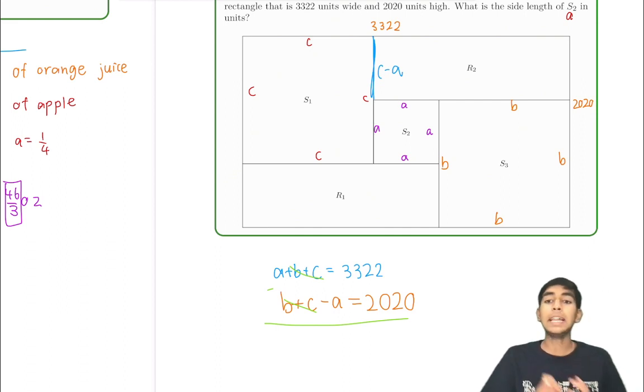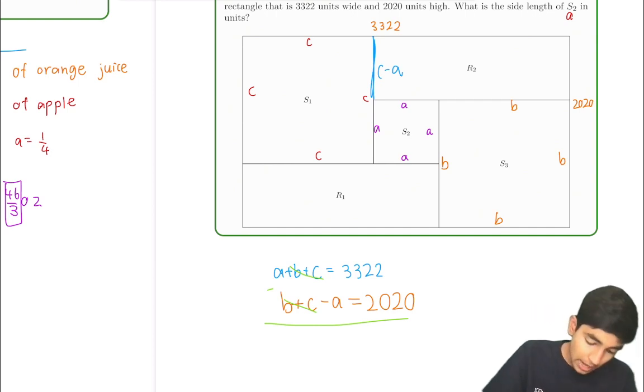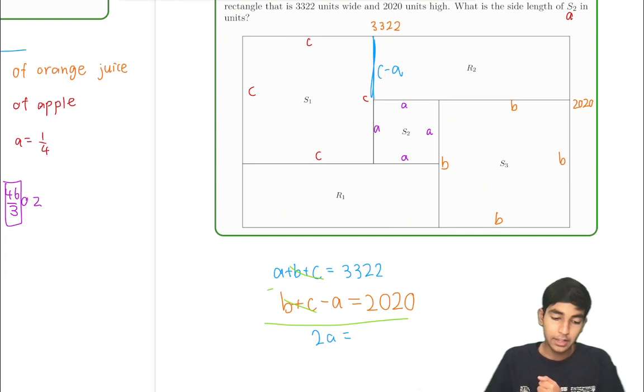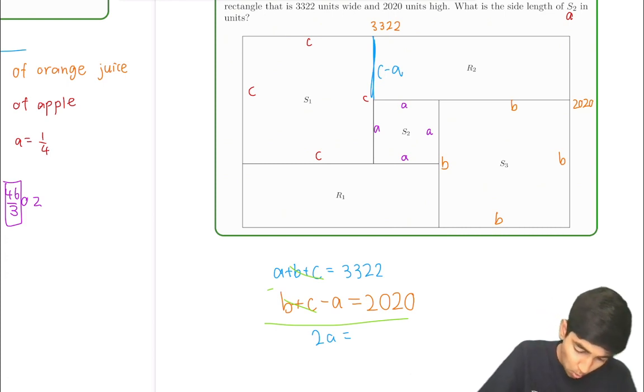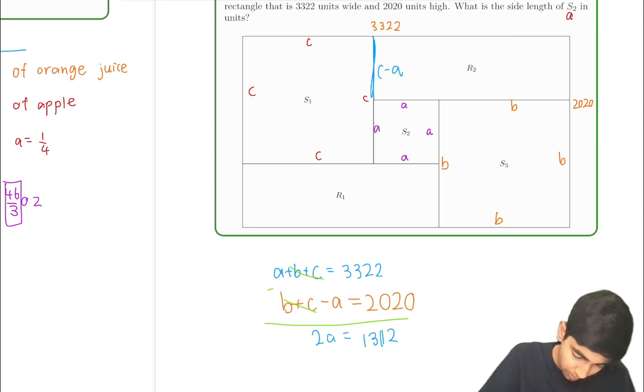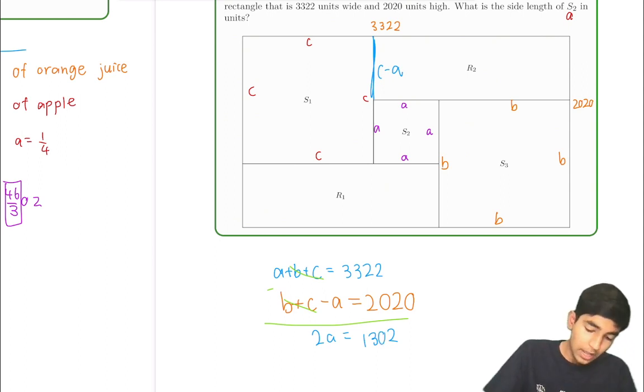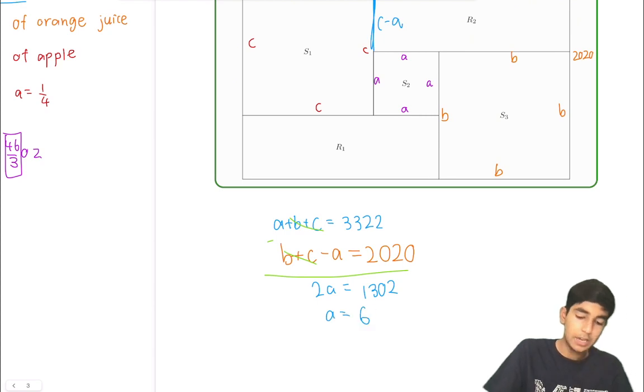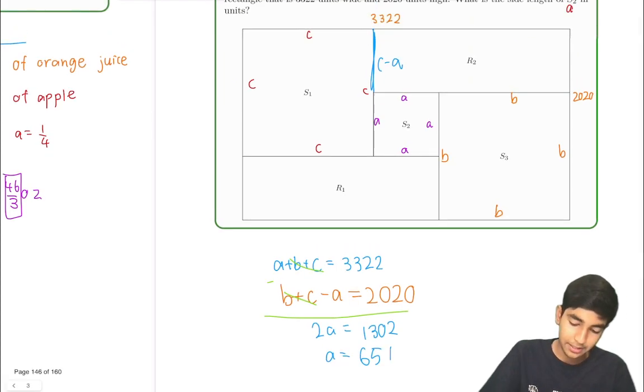A minus negative A, so A plus A, 2A, equals 3322 minus 2020. That's going to be equal to 1302. So A is 651, and 651 is our answer.